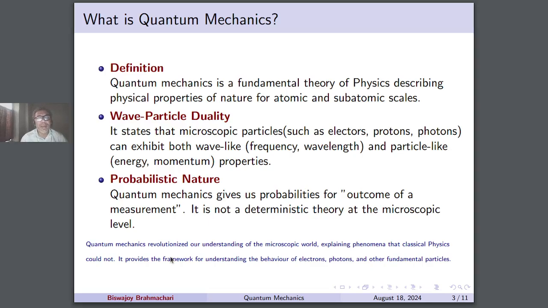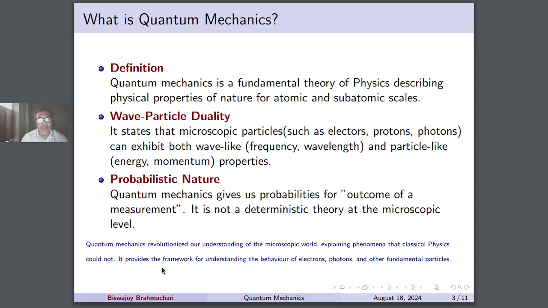Quantum mechanics also has the machinery of predicting outcomes of real experiments which are at the macroscopic scale. And quantum mechanics also has a mechanism for predicting the outcomes of measurement at the microscopic level. So quantum mechanics revolutionized our understanding of the microscopic world, explaining the phenomena that classical physics could not.